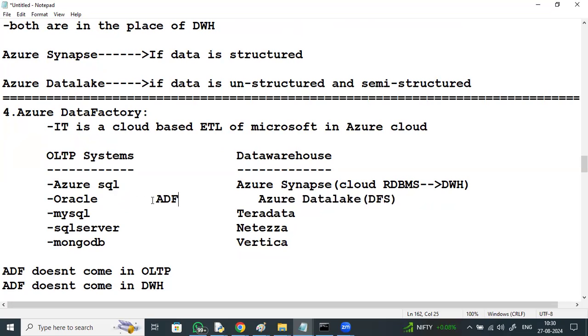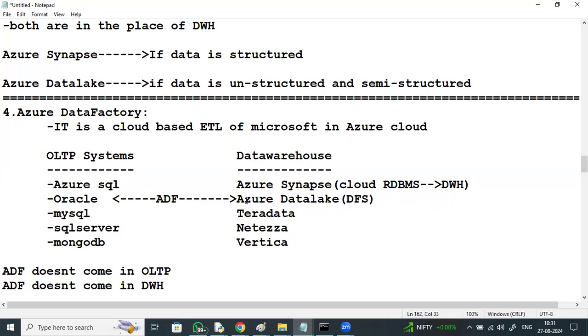ADF extracts the data from this and dumps the data into this. It's a cloud-based ETL. It is going to extract the data and load the data.